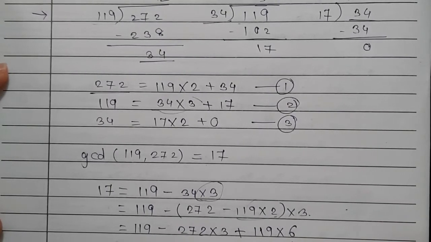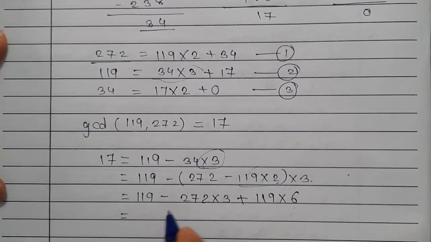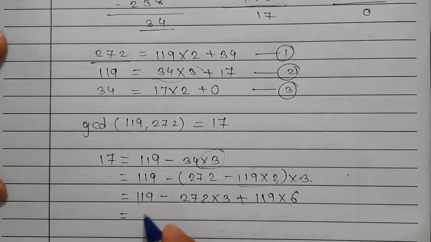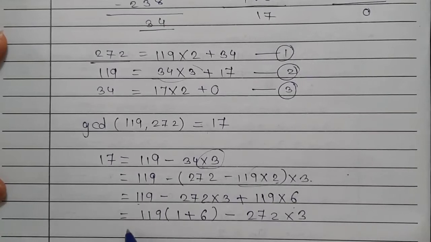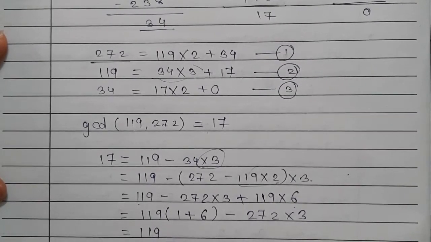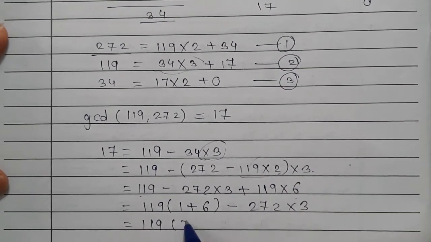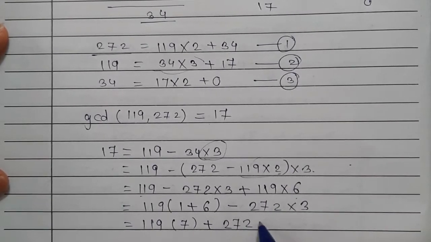Now what do we do? We take this 119 common. So in the bracket what do we get? 1 plus 6, minus 272 into 3. So here we write 119 into 7 plus 272 into minus 3.